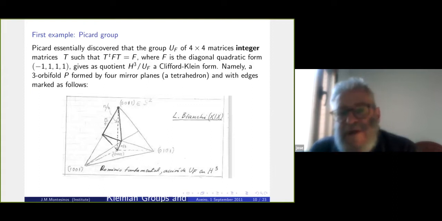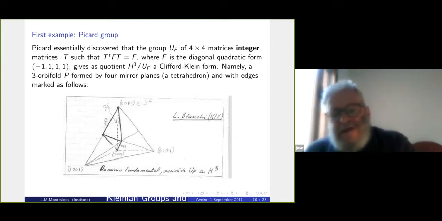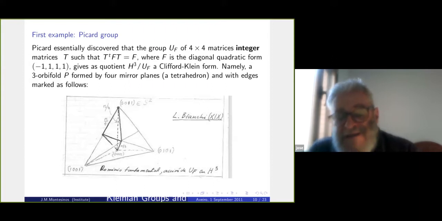Only one is Euclidean, corresponding to the point at infinity. Well, this tetrahedron is the fundamental domain of the action of the group of integral matrices in H3. And the action in H3 has as a quotient this orbifold.